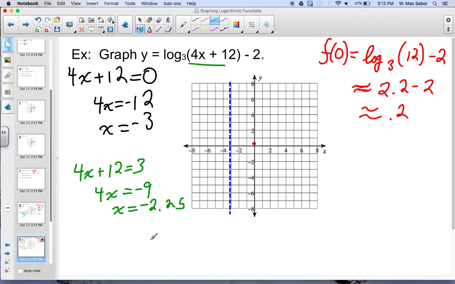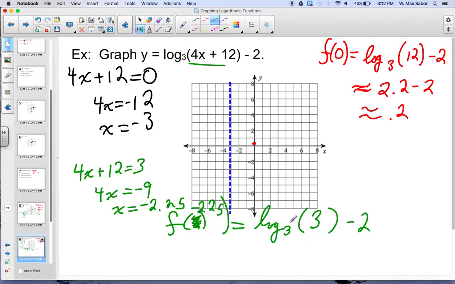If I plug that in, I'll get f of negative 2.25. Why am I plugging that in? Because when I plug that in, we know that this 4x plus 12 will be 3. So then we get log base 3 of 3. Well, log base 3 of 3 is just 1. Minus 2 is negative 1. So when we plug in negative 2.25, we get out negative 1.